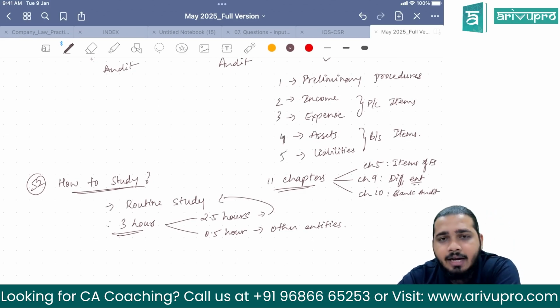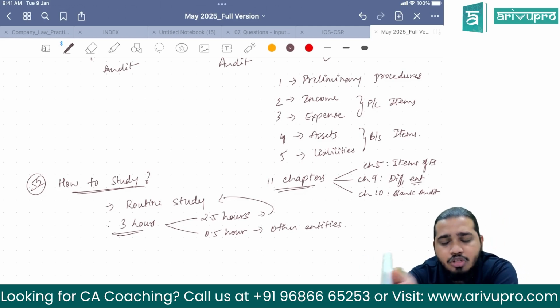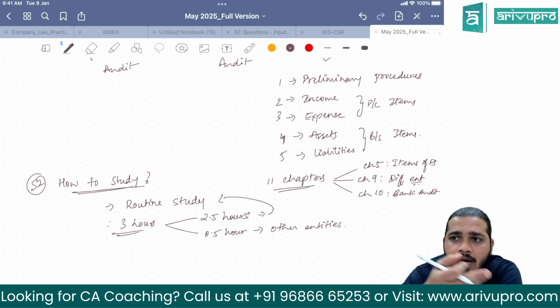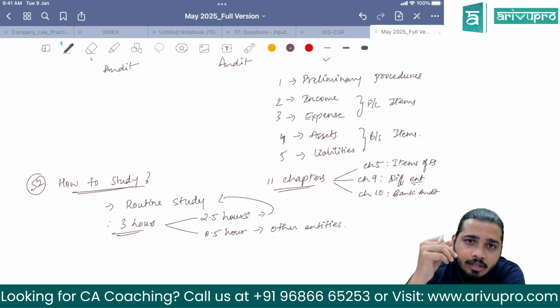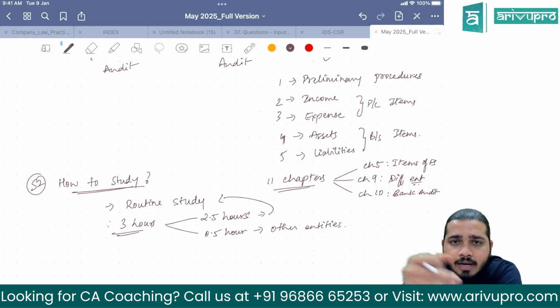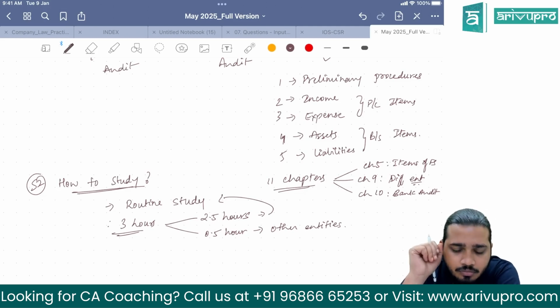In every category, if you are able to write 2, 2, 3, 3 points, that will come to around 10 to 15 points. Now if it is not in your institute module, then don't add unnecessary points. But if there is too much content, you can think of writing such small or easy points in these categories and still be able to score some marks instead of losing the entire question. Clear?